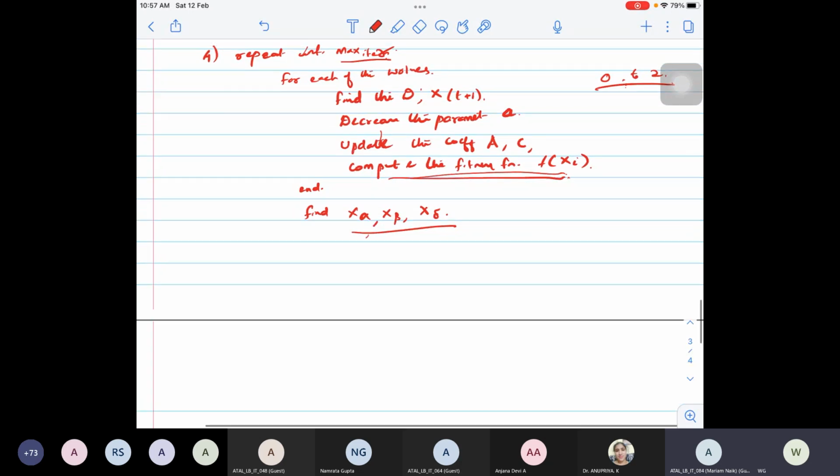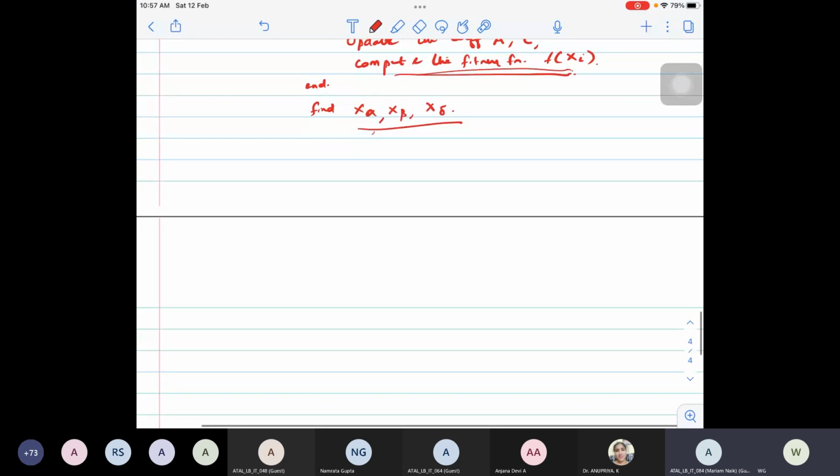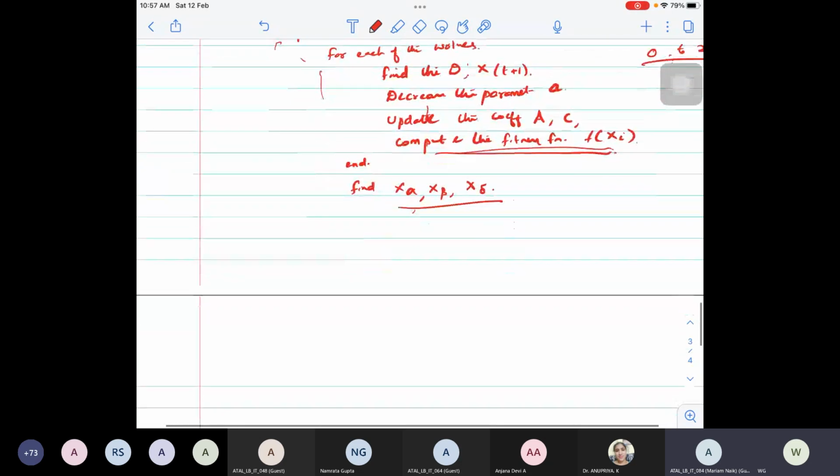You repeat this for the maximum number of iterations and for all the wolves, and finally you find the best solution x alpha.